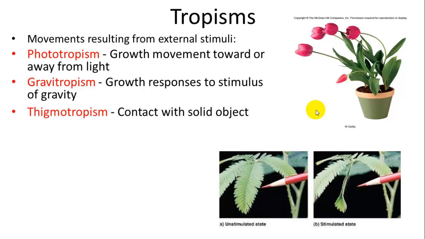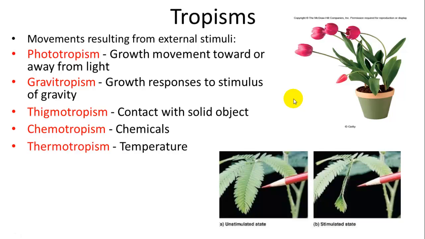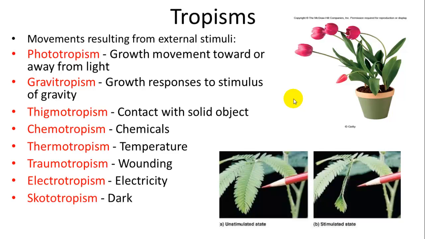Thigmotropism is contact with a solid object, so there are some plants that, when you touch them, will fold up and move away from the stimulus. Chemotropism is for chemicals. Thermotropism, movement toward or away from temperature. Traumatropism, movement toward or away from wounding. Electrotropism for electricity. Scototropism for darkness, and aerotropism for oxygen.